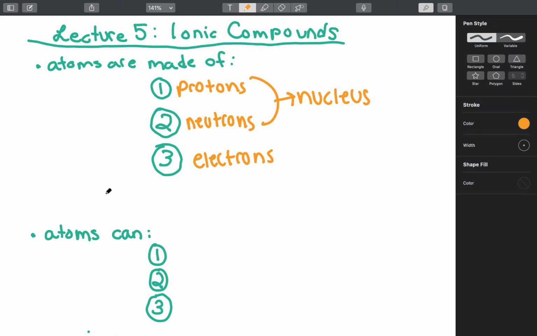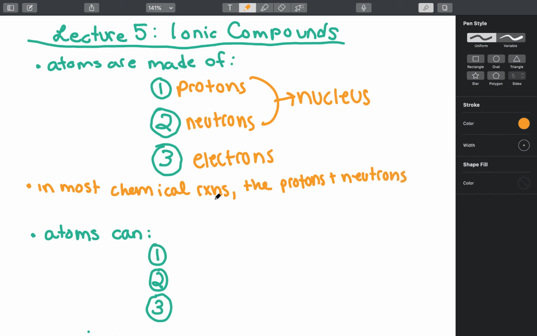It's important to note that in most chemical reactions, the protons and neutrons remain untouched.